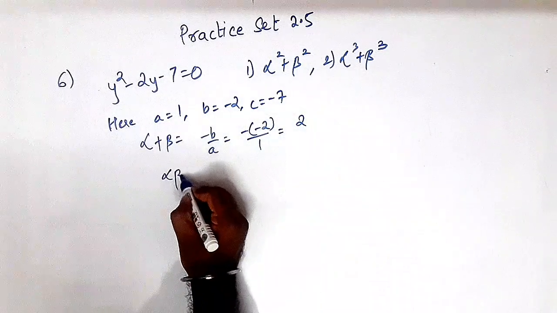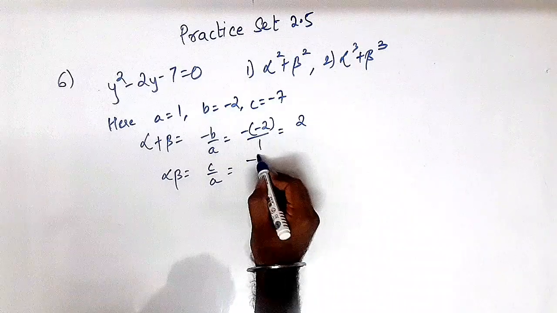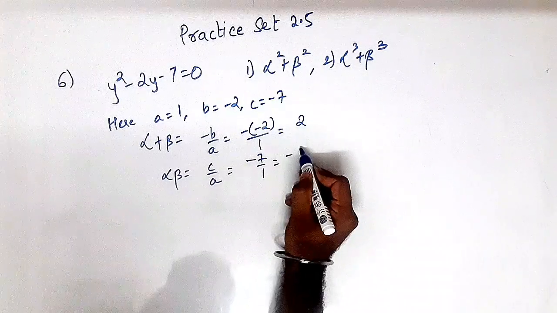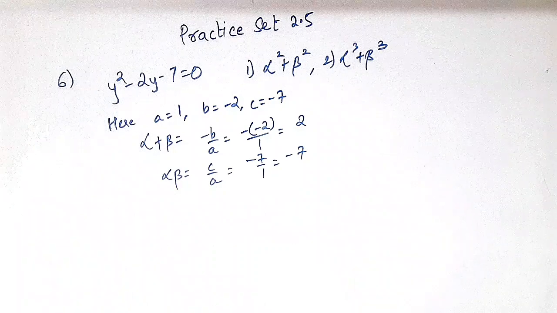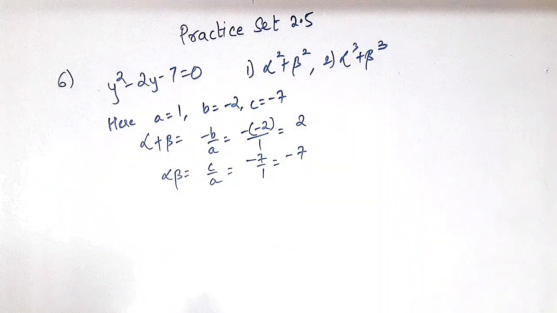What about the product of roots? You are getting c upon a, so it is minus 7 upon 1, that is equal to minus 7. Okay, now as you see, 2 and minus 7 are the sum of the roots and product of the roots.